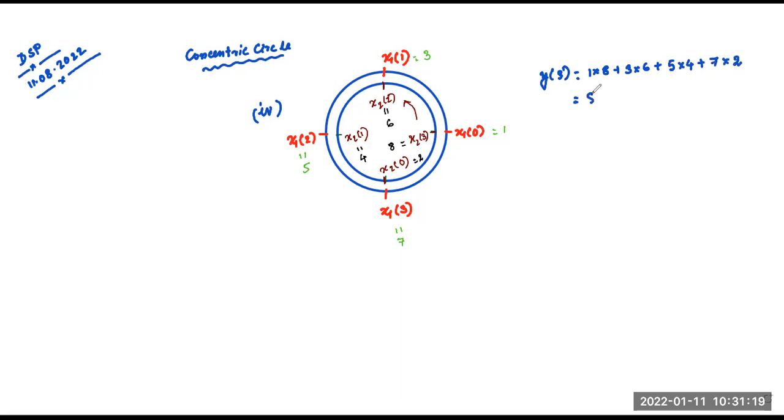So that will be 8 plus 18 plus 20 plus 40. So that will be 60.